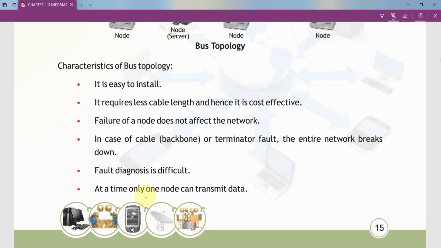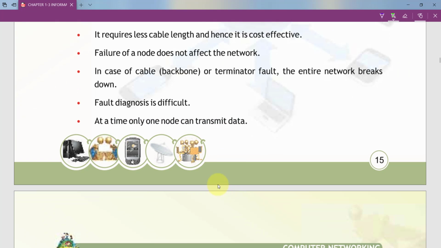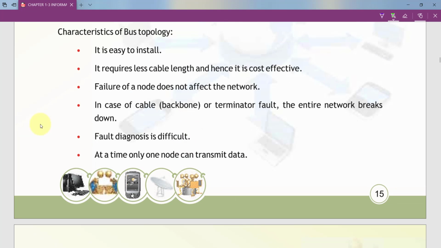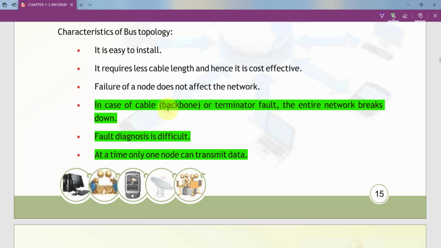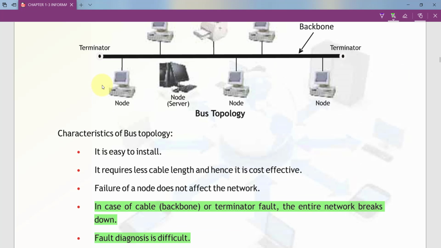At a time only one node can transmit data. So these come under the disadvantages and those come under the advantages. So you note down all these characteristics.